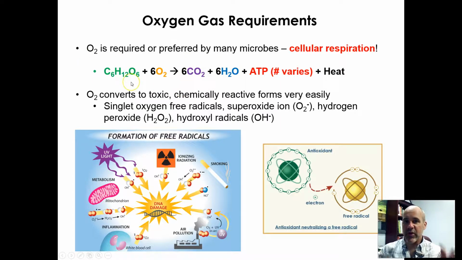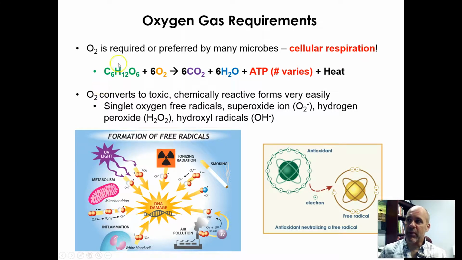So this glucose is going to get broken down, and as it gets broken apart, remember how we talked about how the covalent chemical bonds in a molecule have energy stored in them, and when you break those bonds, energy gets released. So in cellular respiration, you're breaking apart glucose, and the idea there is to harness the energy and store it in the form of ATP, those fuel molecules that cells need for survival.